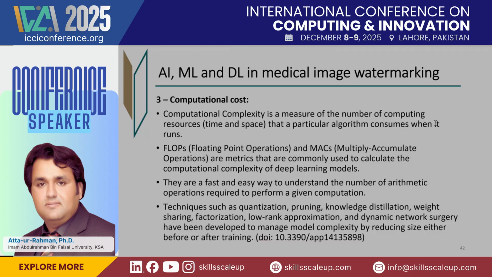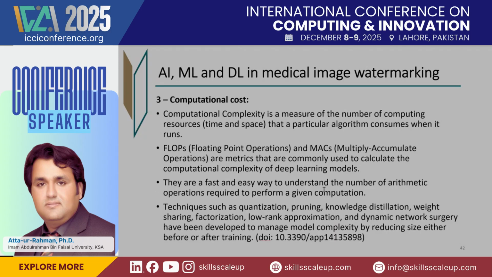In terms of computational cost, although the deep learning methods also exhibit a huge cost in terms of their computational performance, however, in certain cases, this can be reduced or optimized in certain ways. It's a measure of the number of computing resources that a particular algorithm consumes when it runs. So floating point operations or MACs are the metrics that are commonly used to calculate the computational complexity of deep learning models.